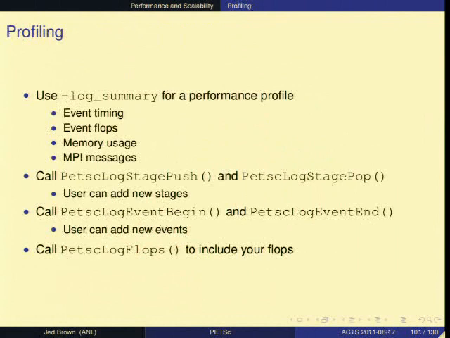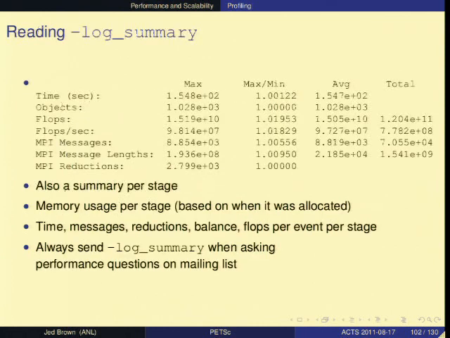So for performance, we want to be able to look at the cost of different stages or of different events. And so you can add these of your own for, say, pieces of the computation that you're doing, and call PETSc log flops. But all of the internal stuff in PETSc does these, and so you'll see these summaries.